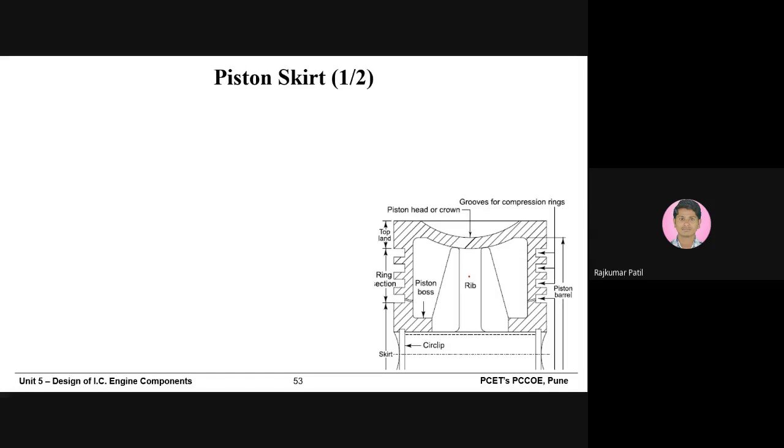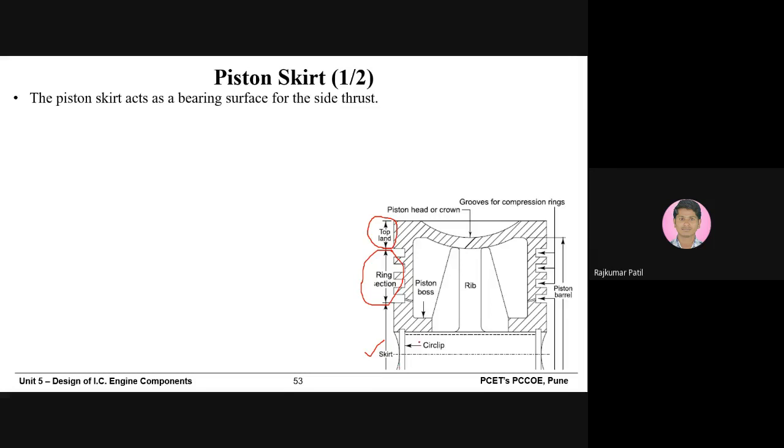Then the next part is the skirt. We discussed that the piston is generally divided into three segments: top land, ring section, and below the ring section there is a skirt area. The piston skirt acts as a bearing surface for the side thrust.